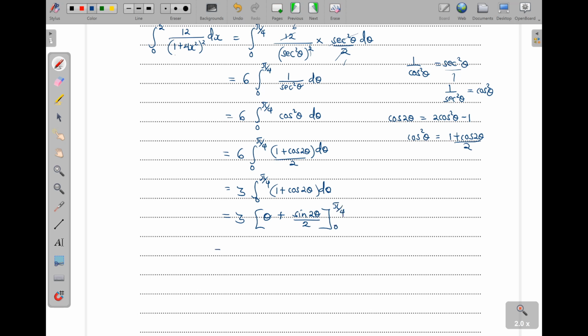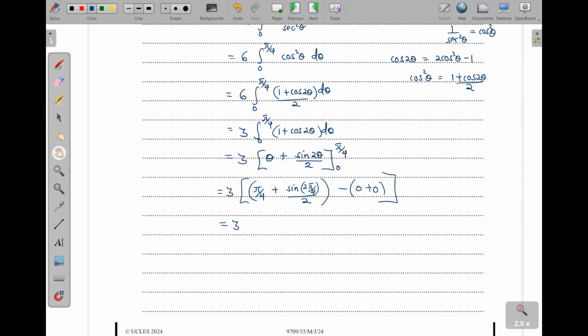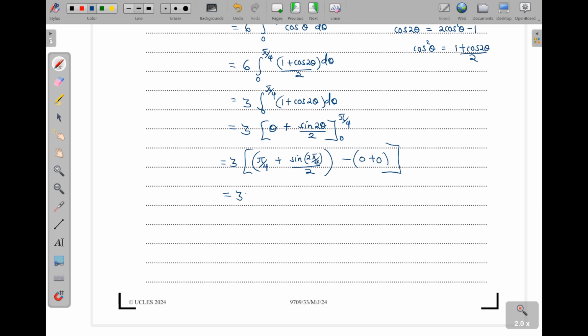Now putting these limits here, we shall have pi over 4, then plus sine of 2 times pi over 4, then divide by 2 here. Then after, we shall subtract. Of course, when we put 0, everything is going to be 0 here. Then this will be 3 pi over 4, you see that, when it multiplies here.